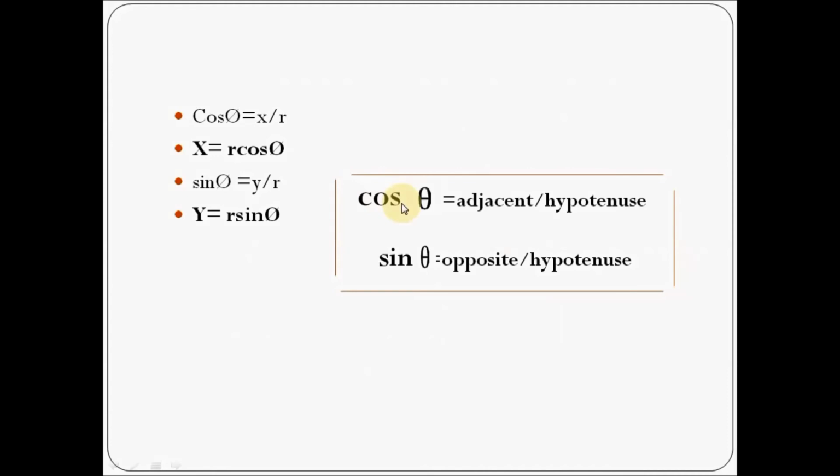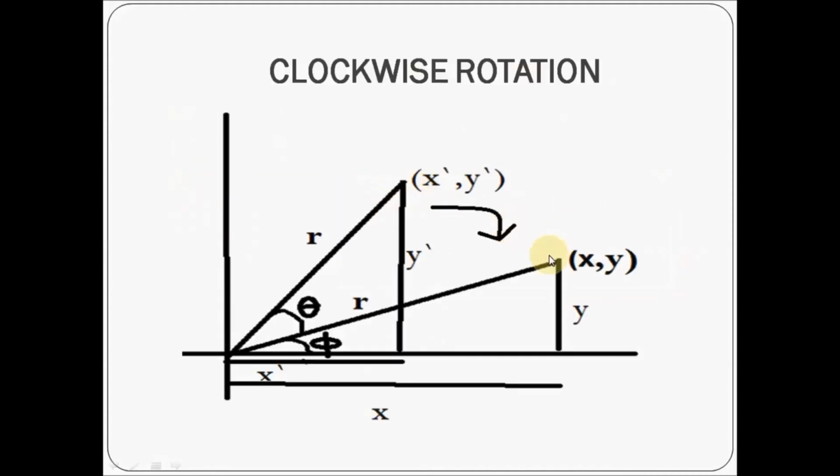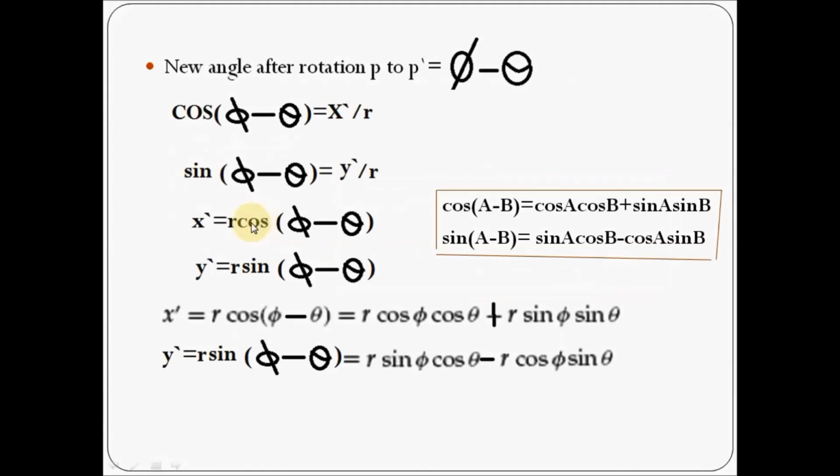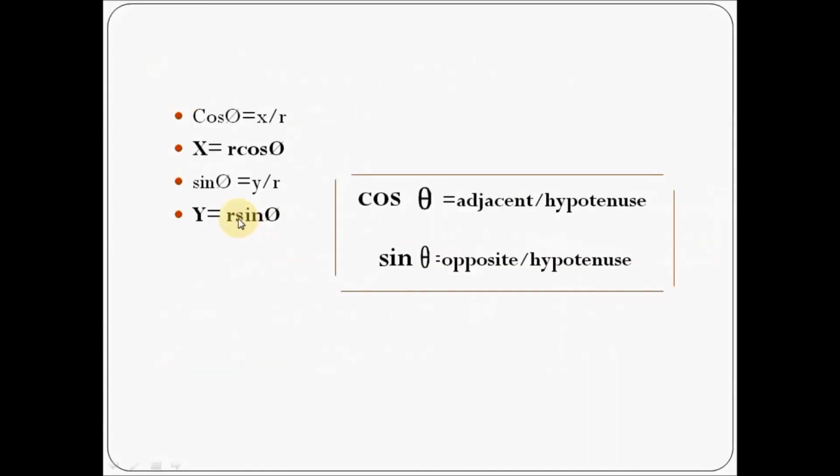Here also the initial point is x, y, and the same formula will be applied: x is equal to r cos phi, y is equal to r sin phi. That remains the same here.